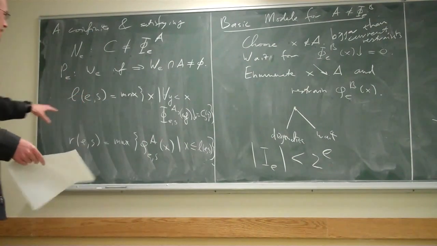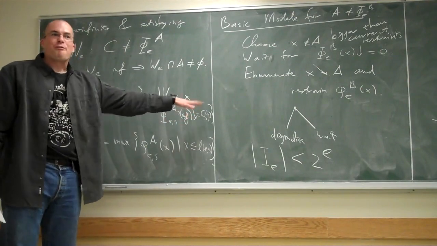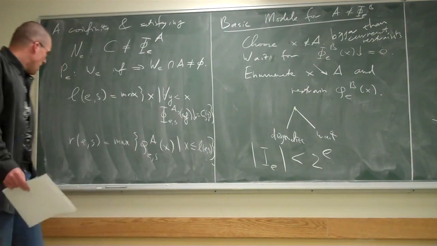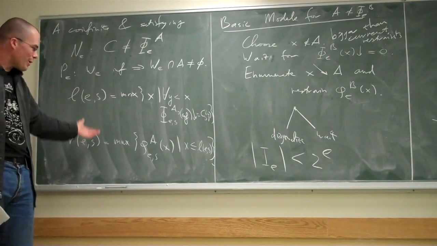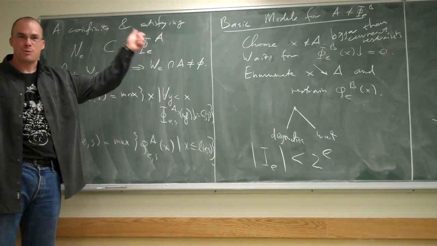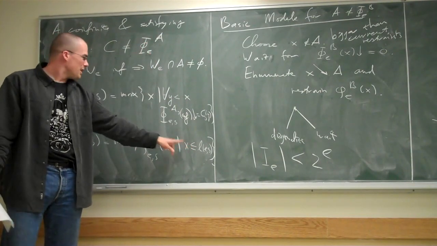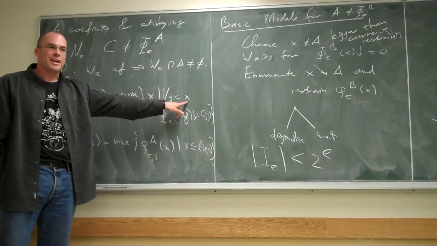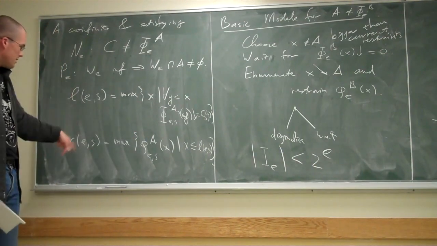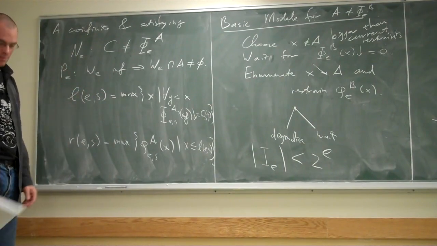And now you look at this, so this length of agreement, this x really measures how far out these two are equal at stage s. And the restraint protects all of the computations that are involved in this equality plus 1. Right? This is less than or equal to the length of agreement. This length of agreement is the largest x such that everything strictly smaller is the same. This is what we do.